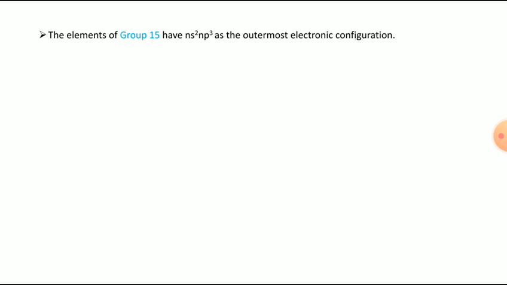Now we will move to group number 15, that is nitrogen family. See, its general electronic configuration is ns2 np3. So the common oxidation states of elements of group 15 are +3, +5 and -3.